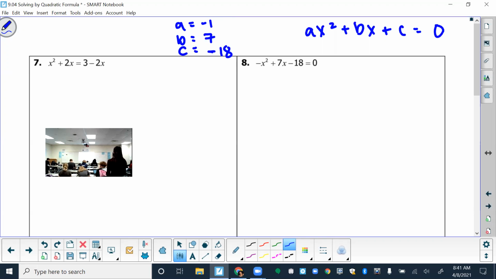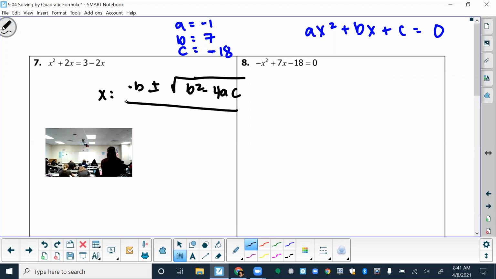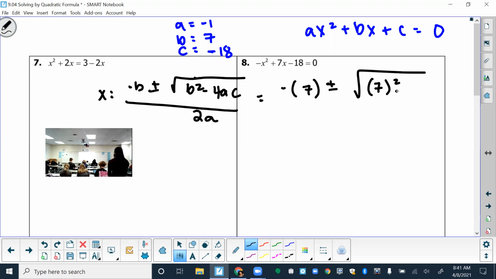is good. So now we're going to plug that into our formula, and I'll write it over here for your reference. Plugging it into our formula, -b, so -7, plus or minus the square root of b squared minus 4ac.